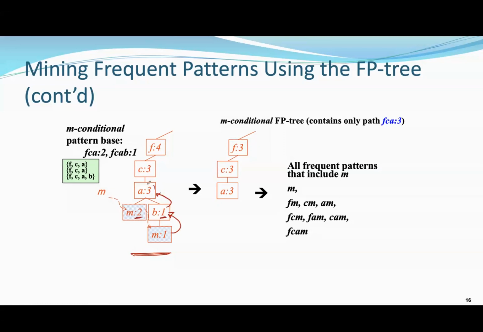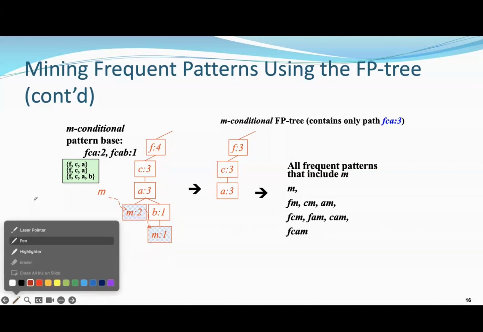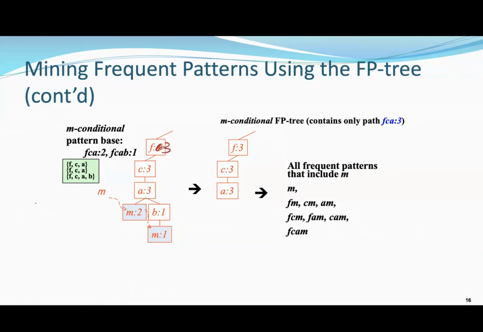So the total count should be 3. So this is good, right? Propagate upward, it is 3. Propagate upward. This should be 3, but this is 4. So we have to fix this count. Okay. So this is about count fixing. You understand what I'm saying? All right. So we update the counts, and if we update the counts, this is what we will get.